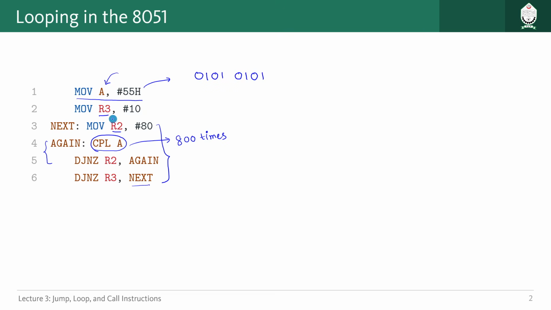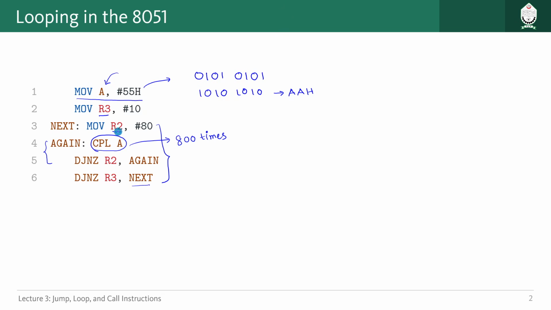First of all, you see the R3 is loaded with 10, then R2 is loaded with 80 value, and when we reach here we will complement A. So if this value is 55H, after complement the result should be something like this, which is actually AAH. Okay, so that is what we are doing.